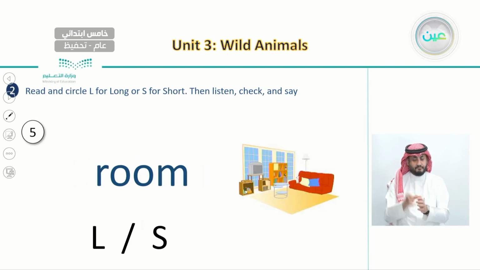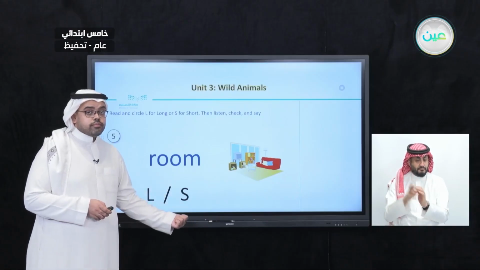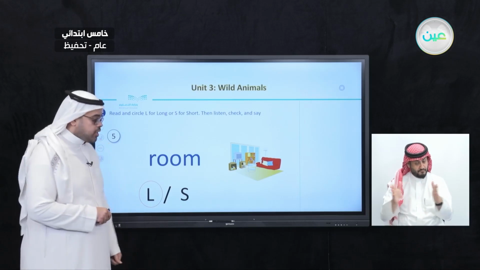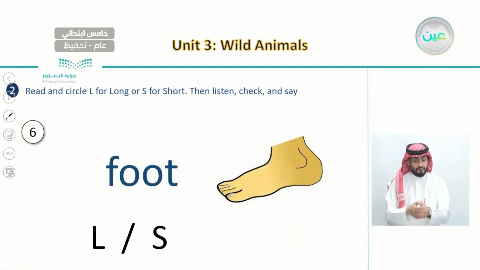Now the fifth one is room. Say with me, room, room. So room, long form or short form? It is, of course, the long form, room. And number 6, foot, foot.